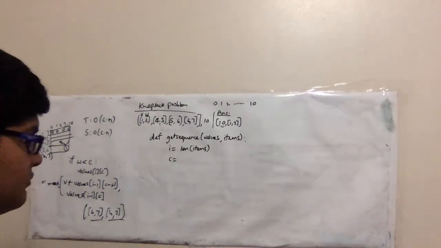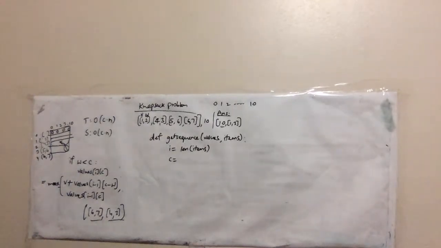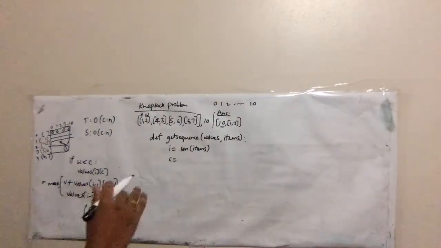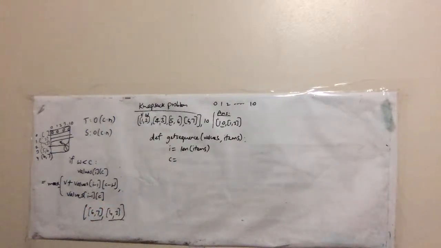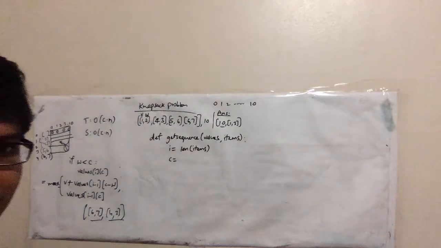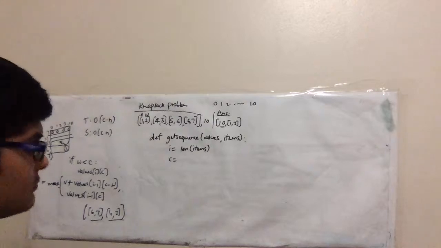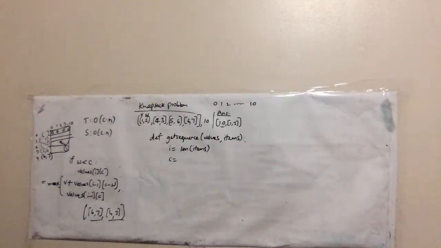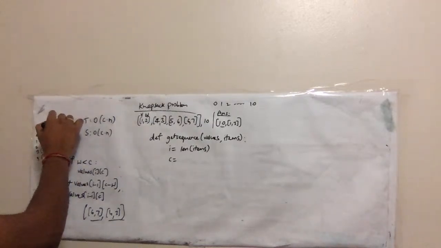Is it correct? Length of the values. Okay, we are already keeping this as values, right?